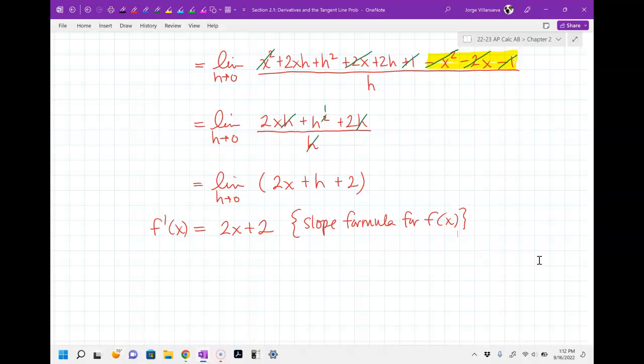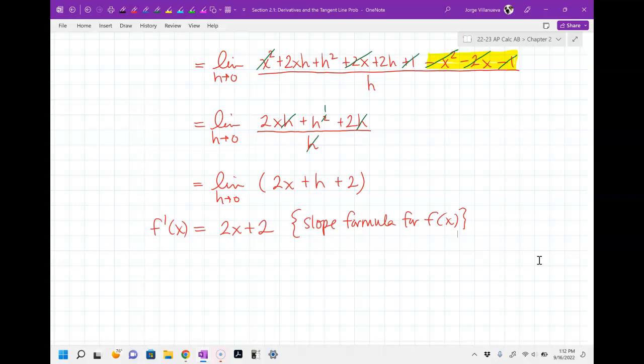So we used the original definition, which was the limit of the difference quotient, or the secant slope, to try to find the actual slope formula for this. Now, I'm not saying the y2 minus y1 slope formula, but the slope formula for this function. And every function has a different one, okay?